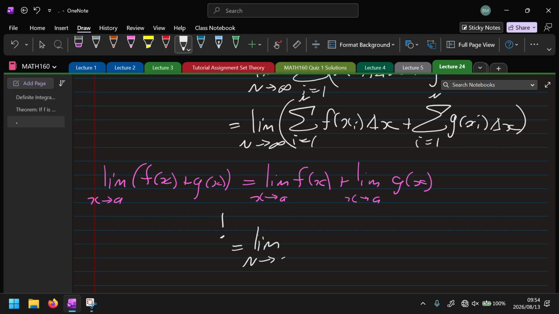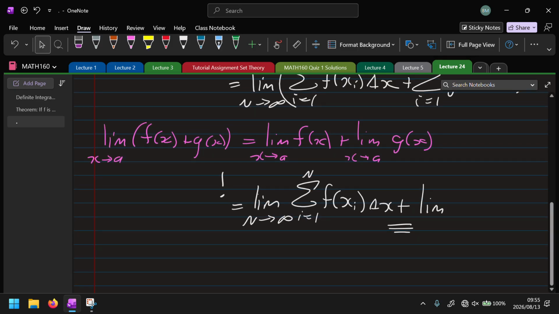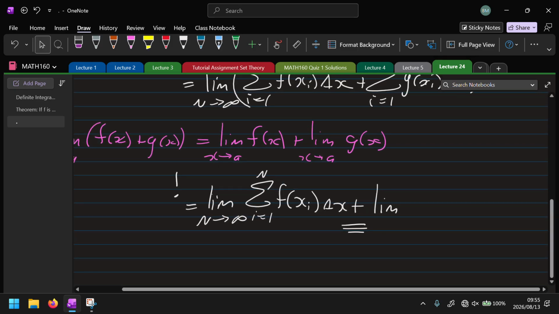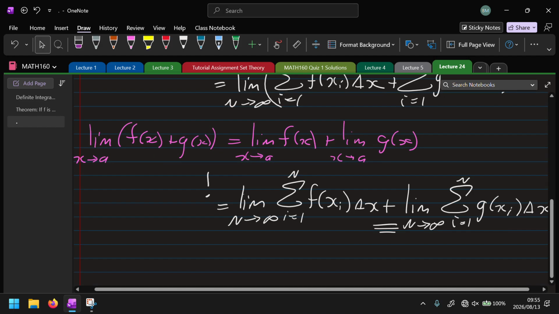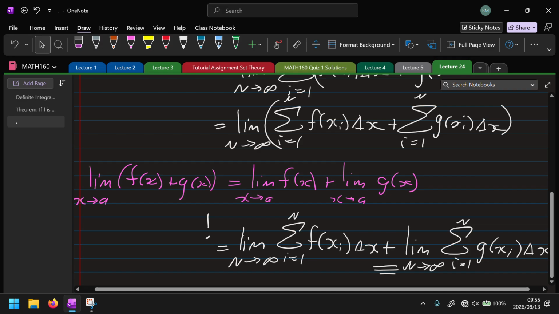So the limit as n goes to infinity of the sum i equals 1 to n of f of xi delta x, plus, again we're not too sure yet, the limit as n goes to infinity of the sum i equals 1 to n of g of xi delta x. And as he said, these limits must exist, right?